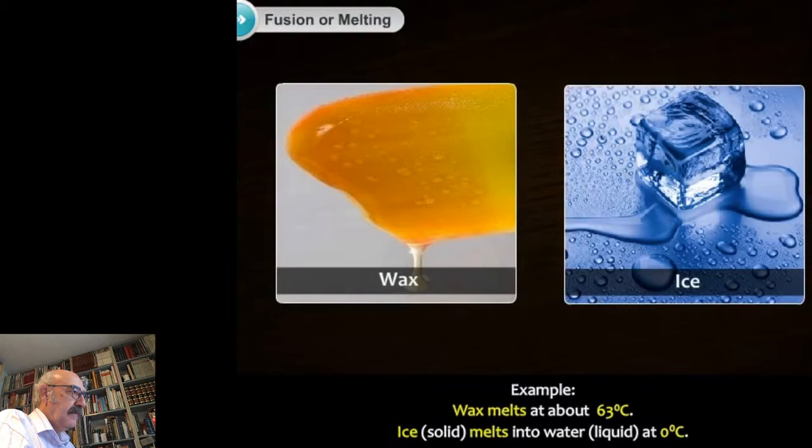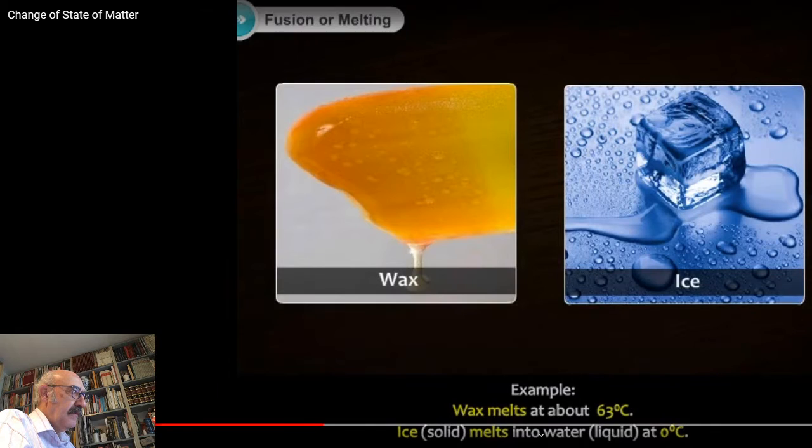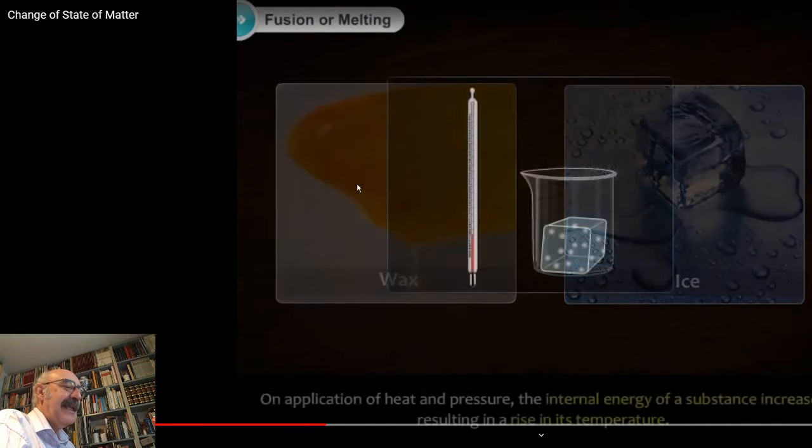Ice melts into water at 0 degrees Celsius. Each substance has its own temperature for melting, or evaporation, or sublimation. So that's why scientists need to know many things and experiment with a lot of substances to know their properties.